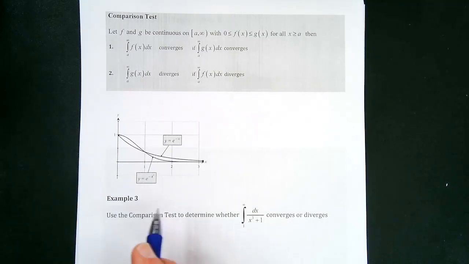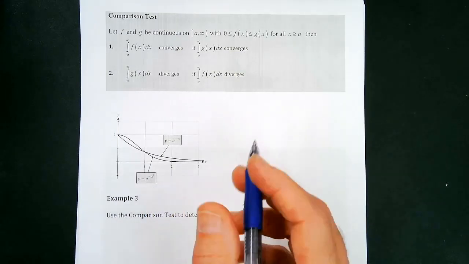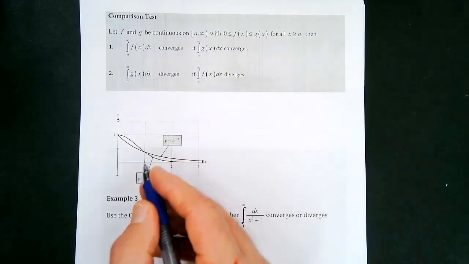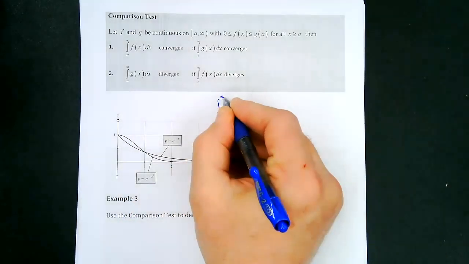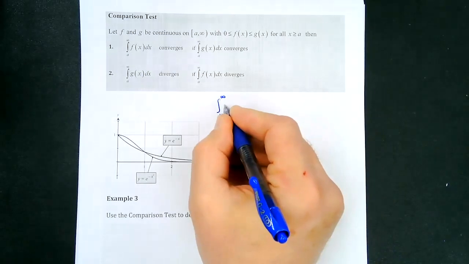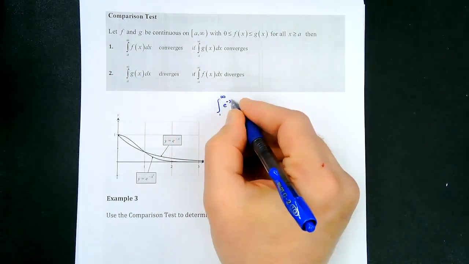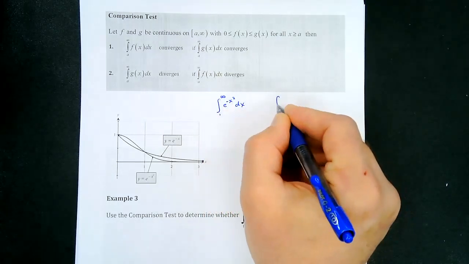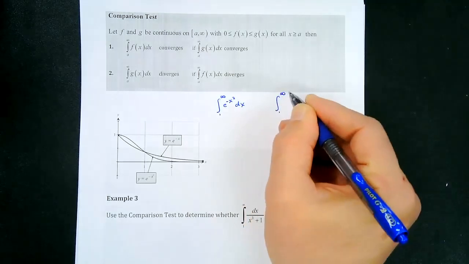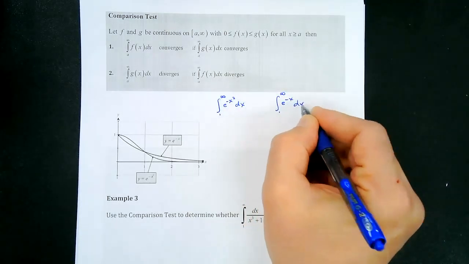All right. So for this one, let's say we want to integrate from 1 to infinity e to the negative x squared dx. And we also have the integral from 1 to infinity of e to the negative x dx.